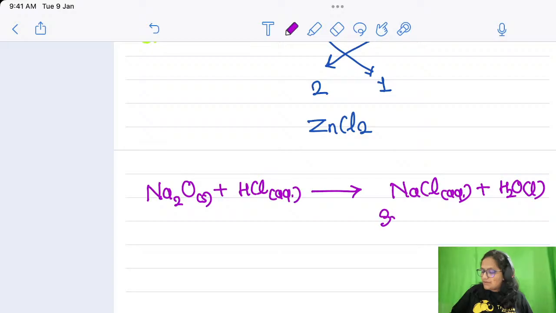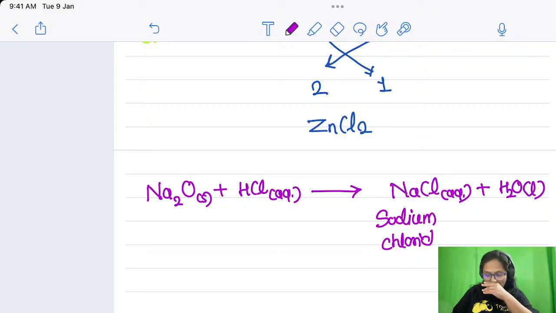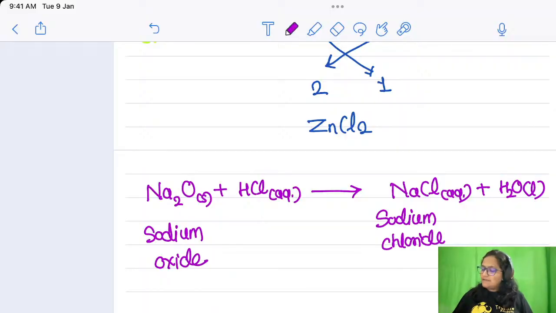So this is the salt obtained. Sodium chloride, which is a salt, and the oxide which is used here is the sodium oxide, right? Yes, so for balancing I'll put 2 here and 2 here, that's it.